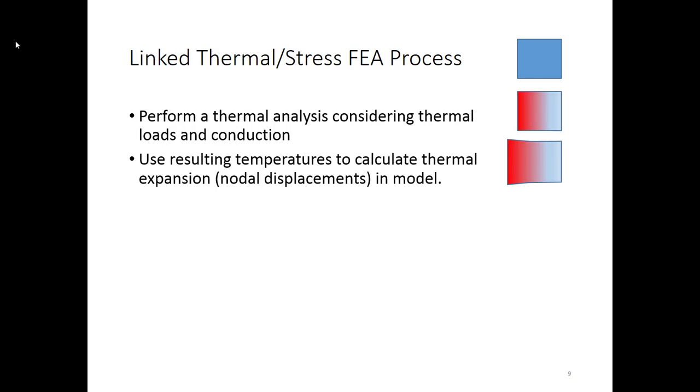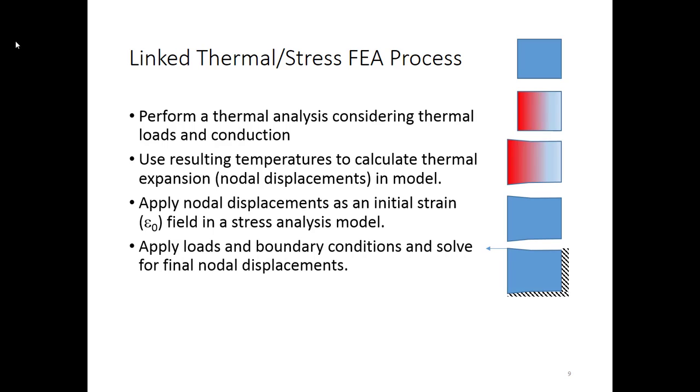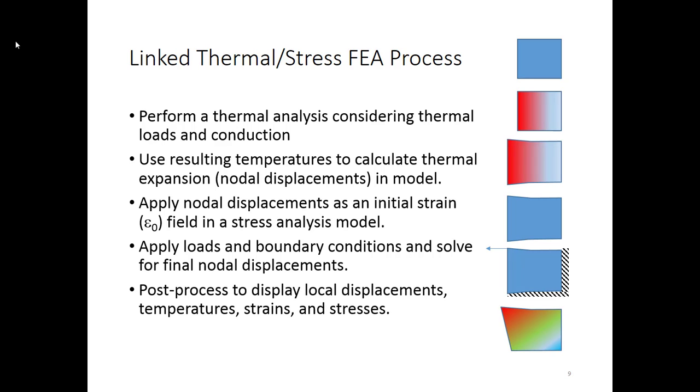Once you complete the thermal analysis, the resulting temperatures are used to calculate thermal expansions inside the model. So now we have strains at different nodes. You're then going to apply the nodal displacements as an initial strain field in the stress analysis model, apply your boundary conditions and loads for the stress analysis, and use the standard stress analysis solution process for final nodal displacements.